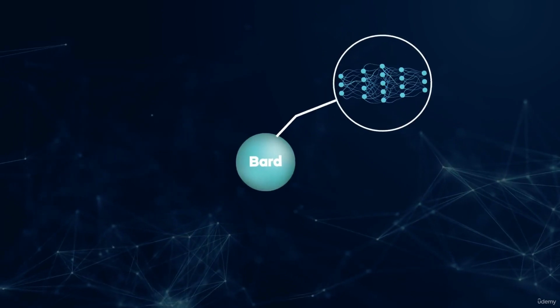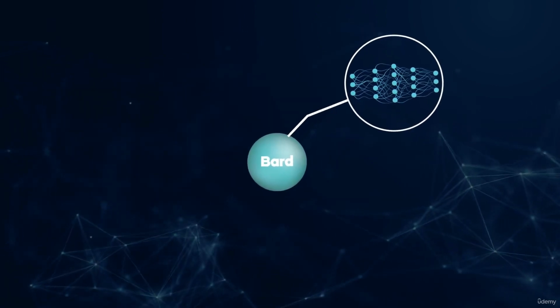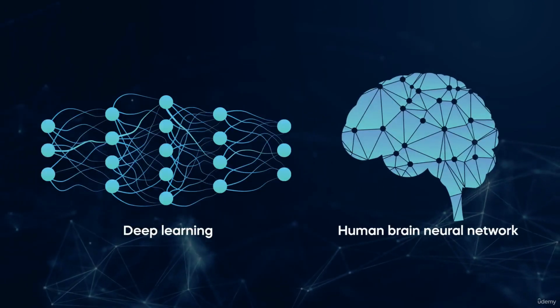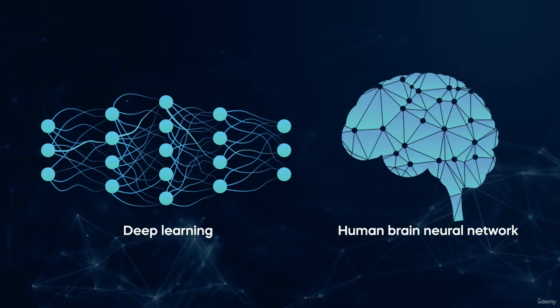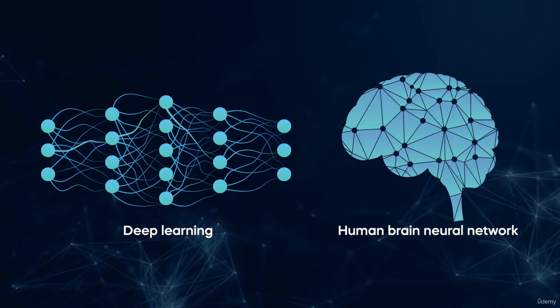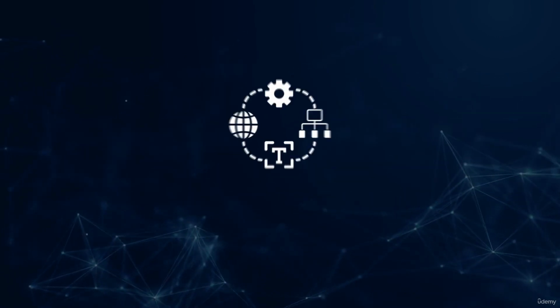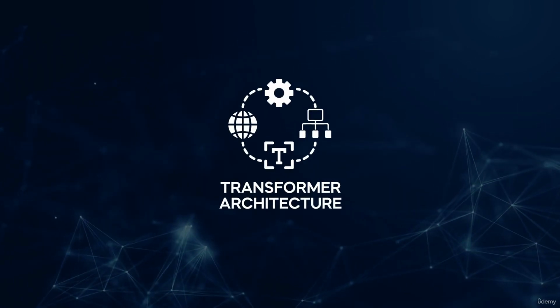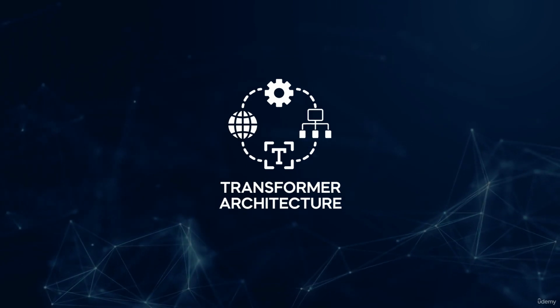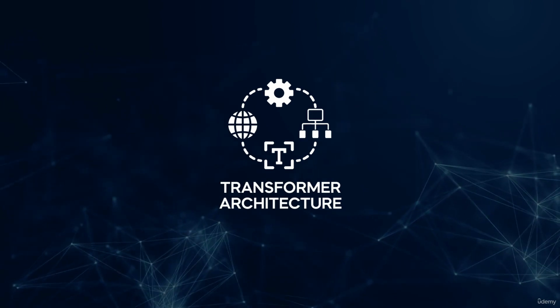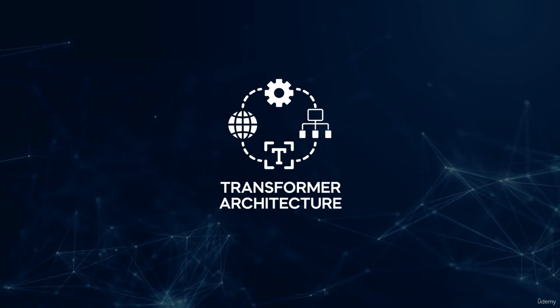At the heart of these large language models lies deep learning, a subset of machine learning that mimics the human brain's neural networks. However, what really led to the massive innovations we see today is a type of model architecture known as a transformer. This is a novel way a machine can learn the complexities of language, and transformers are the reason the models we see today have such amazing results.